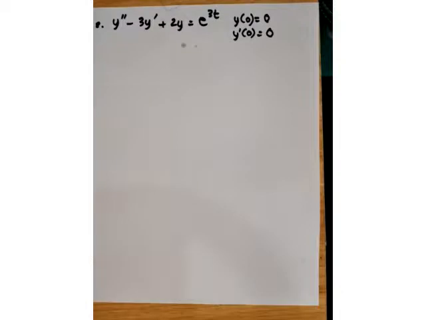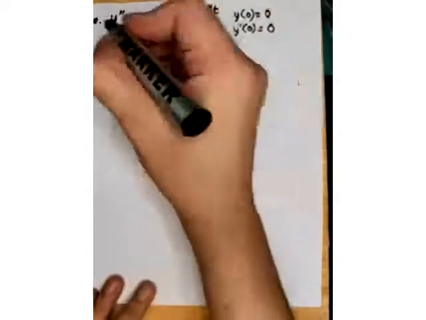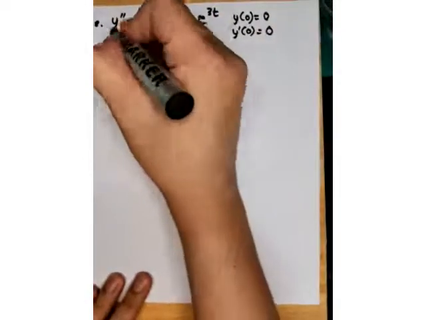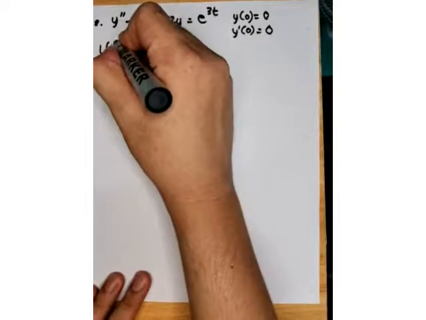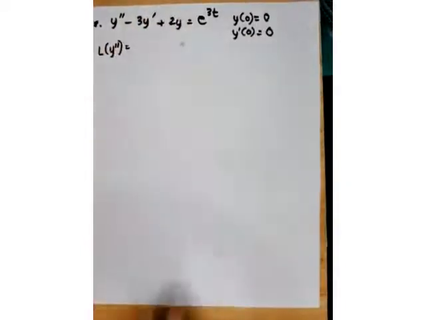So what is the particular solution of y double prime minus 2y prime plus 2y is equal to e raised to 3t? So given the conditions that when x is 0, y is 0, and y prime is also 0. Ayan. So ano ang Laplace transform ng y double prime? So double prime na mauna tayo.